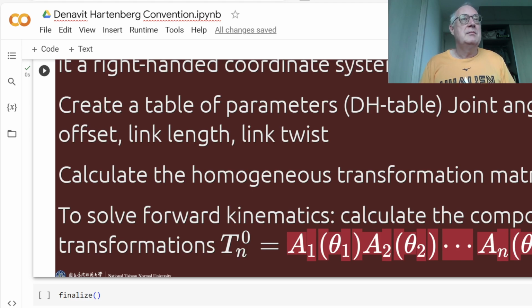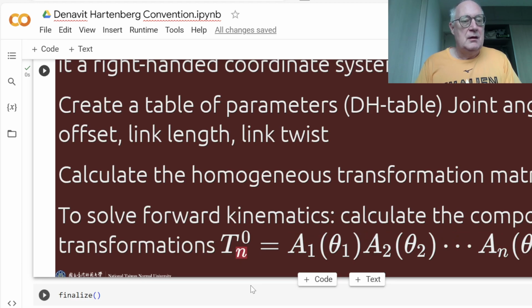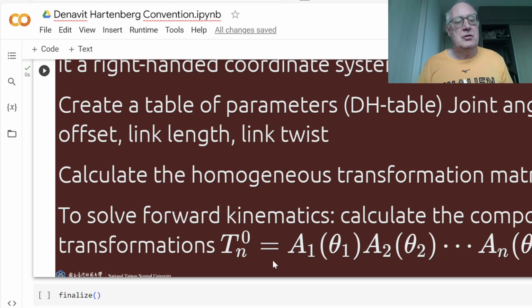A1 will depend on theta 1, A2 will depend on theta 2, An will depend on theta n, and then we get the compound transformation matrix from our inertial frame to our end effector, our last joint n. And that's the description of the Denavit-Hartenberg convention.